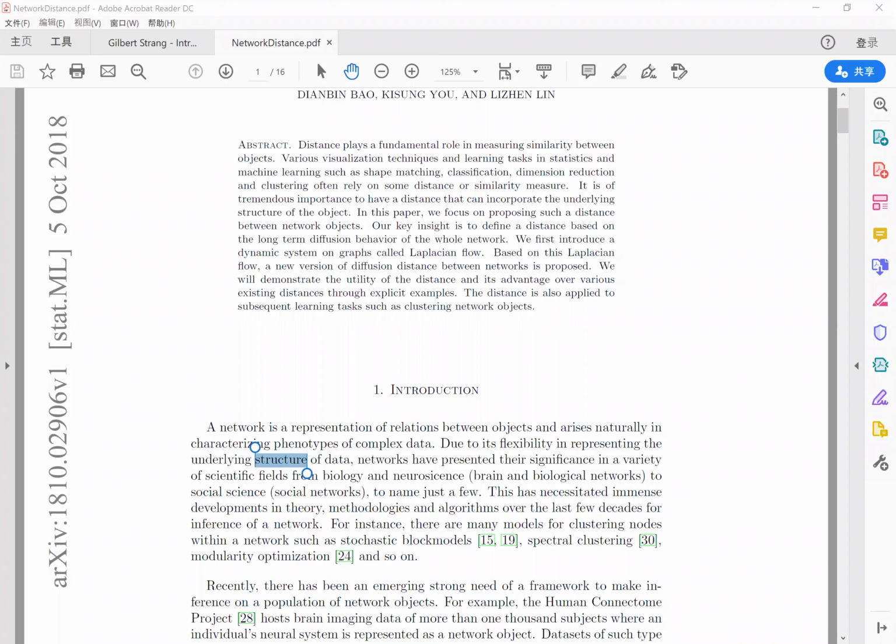Suppose you have a lot of elements that you want to classify: objects 1, 2, 3, all the way to n. Some of them are tables, some of them are chairs.